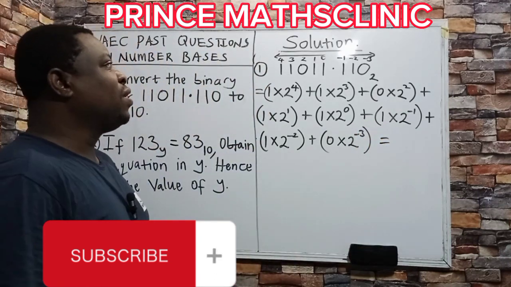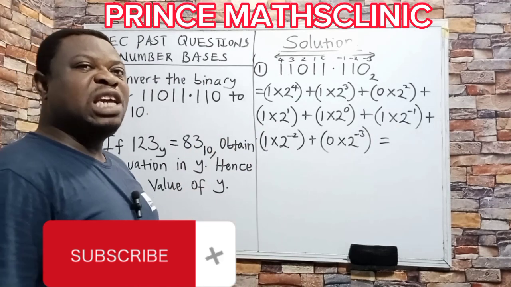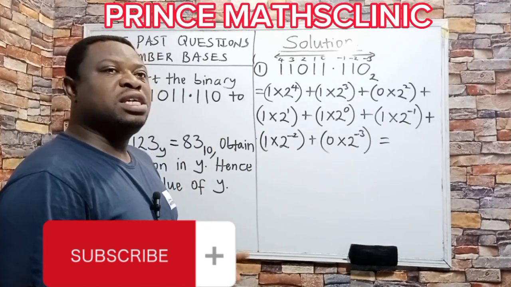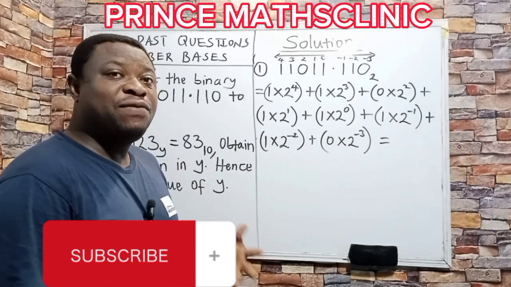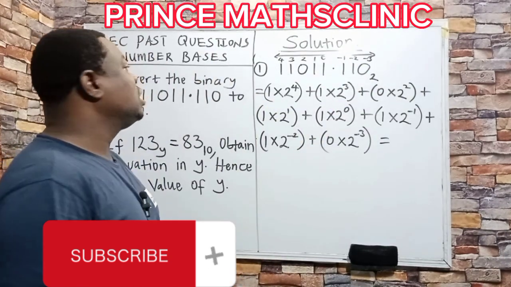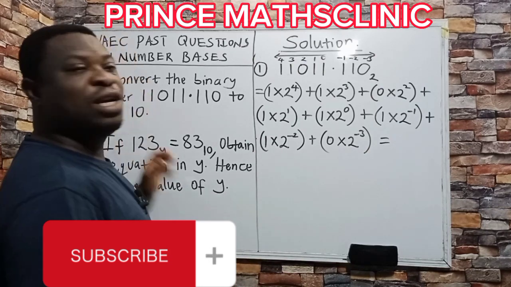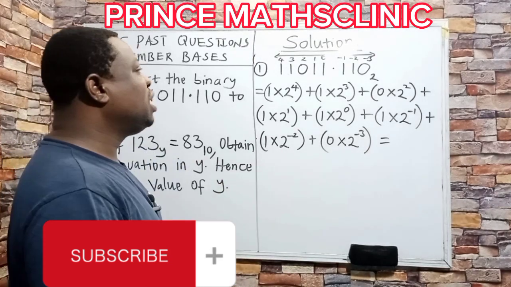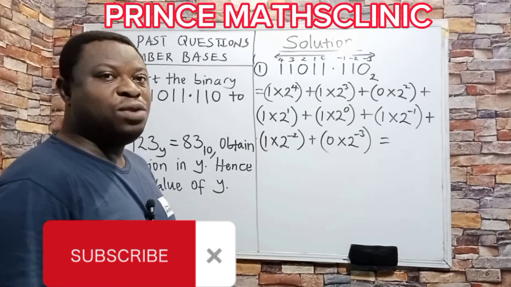Now we have expanded. If they say you should leave it in its expanded form, this is its expanded form. But since they want us to find it in base 10, we will continue to obtain a value in base 10.